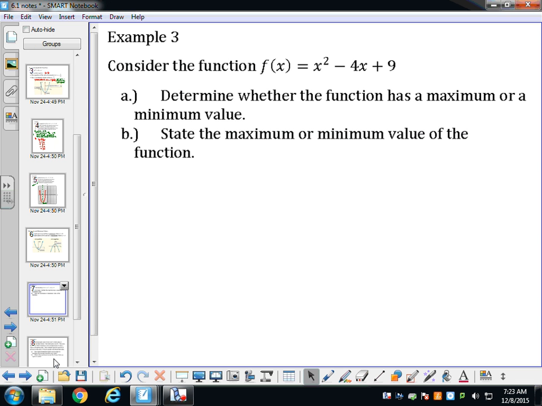So consider the function f of x equals x squared minus 4x plus 9. I want to determine whether the function has a max or a min, and then I want to find that maximum or minimum value of that function. Well, taking a look at my equation, since my a is positive, it's going to be a regular U shape, so I'm going to have a minimum value.